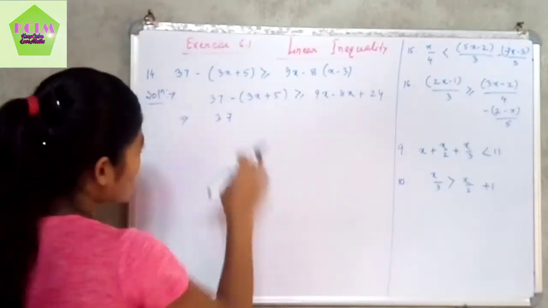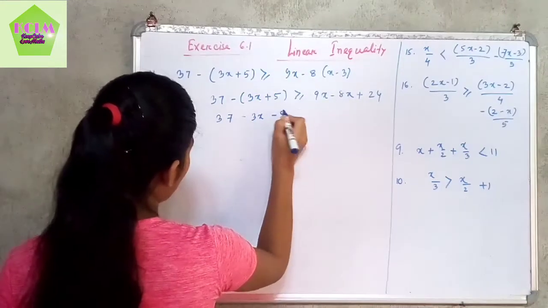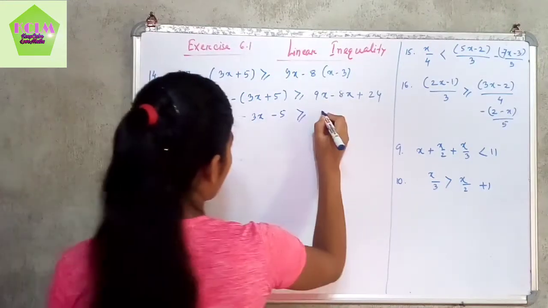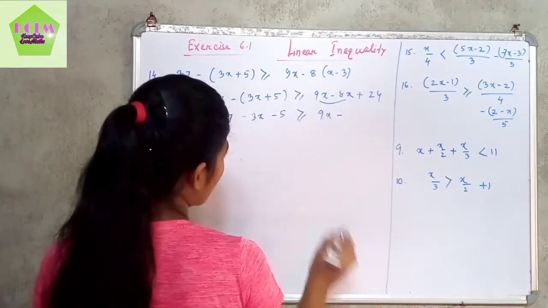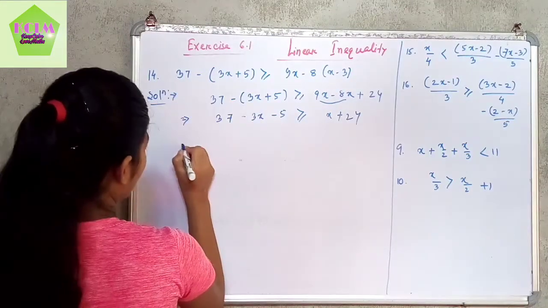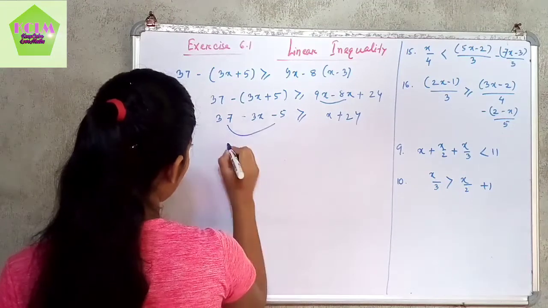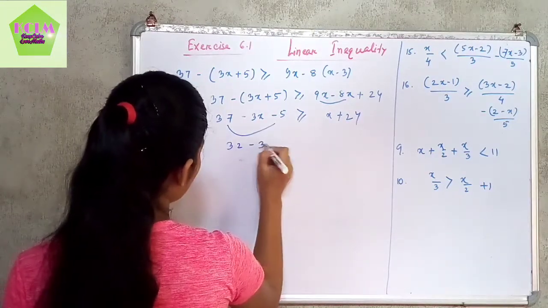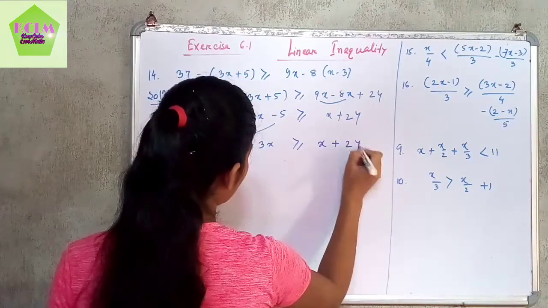Again we will remove this bracket now: minus 3x minus 5 greater than or equal to 9x minus 8x, which is nothing but x only, plus 24. Now here 37 minus 5 will be 32, minus 3x is greater than or equal to x plus 24.